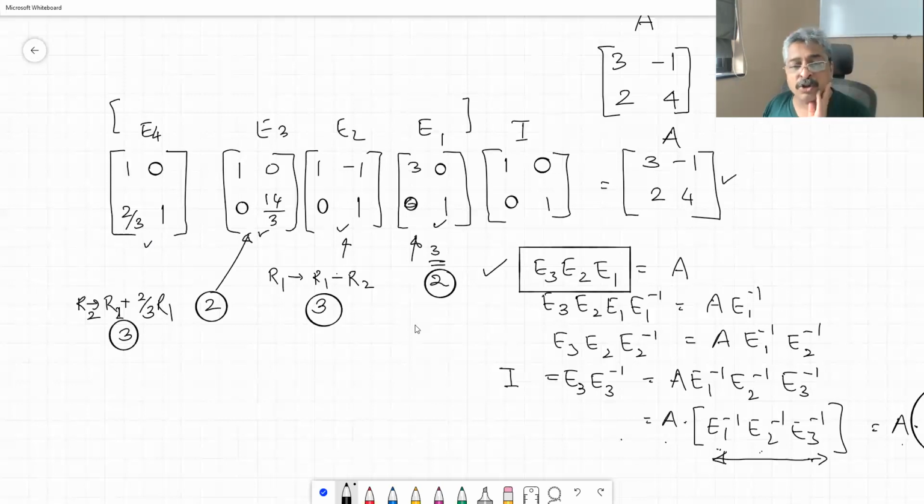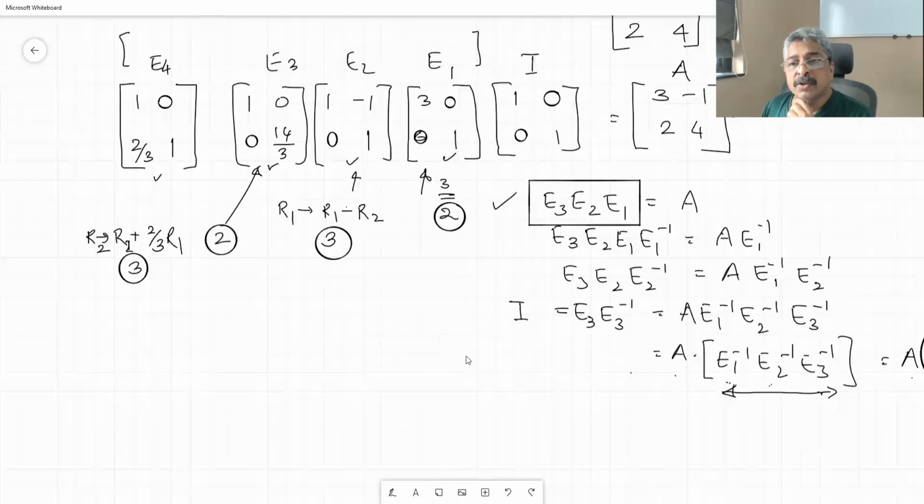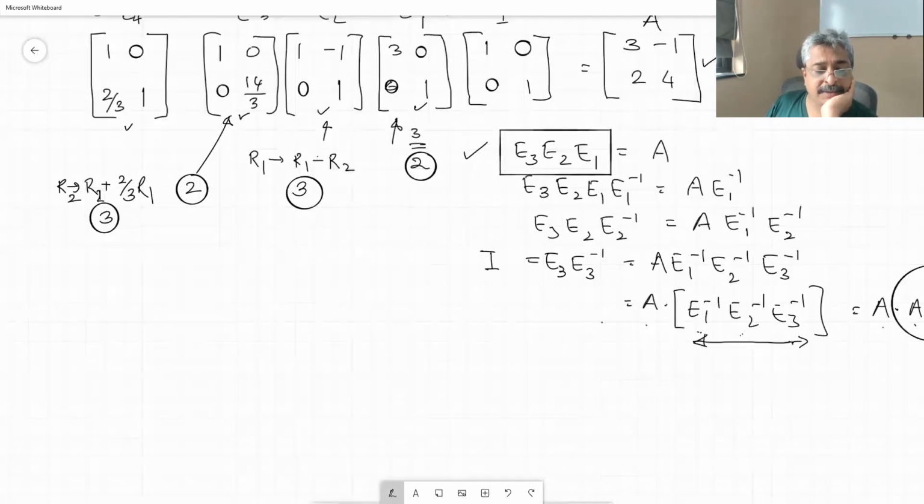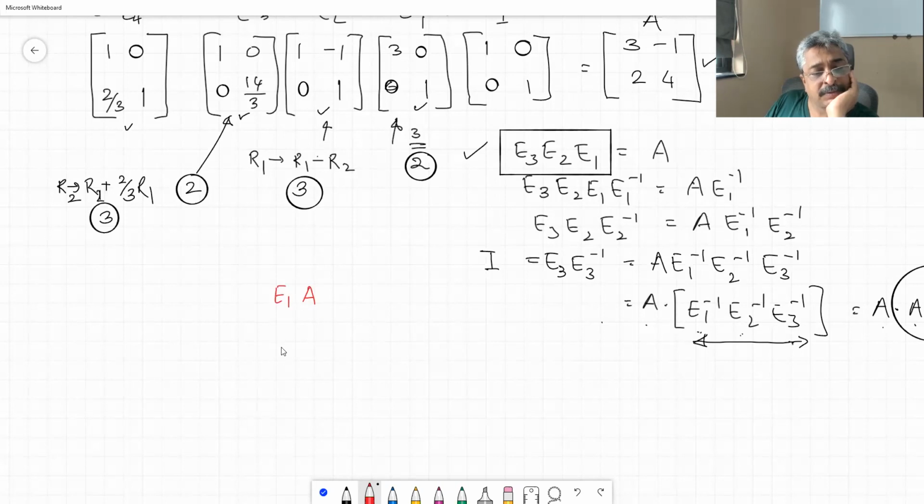Okay, and all those are elementary transformation matrices, and we know exactly what happens to the determinant when an elementary matrix gets pre-multiplied. So we can always state this: suppose A is a matrix and it gets pre-multiplied by E1.